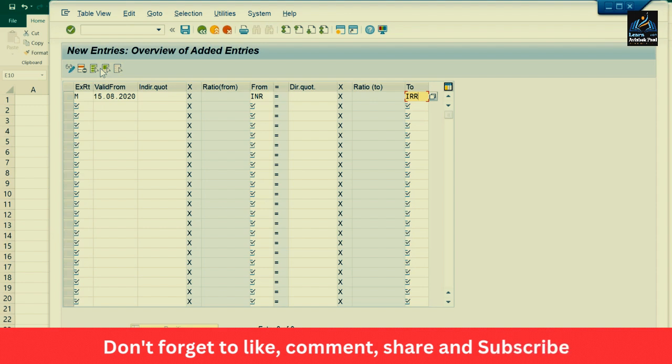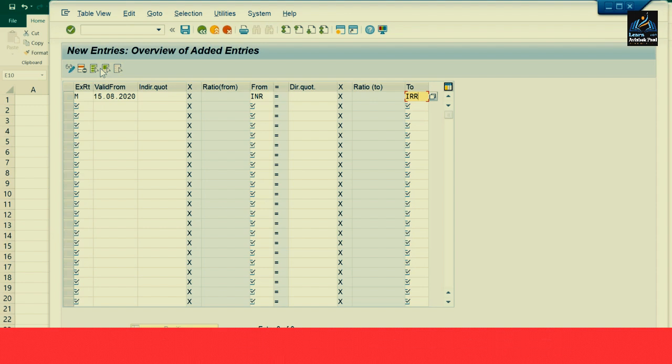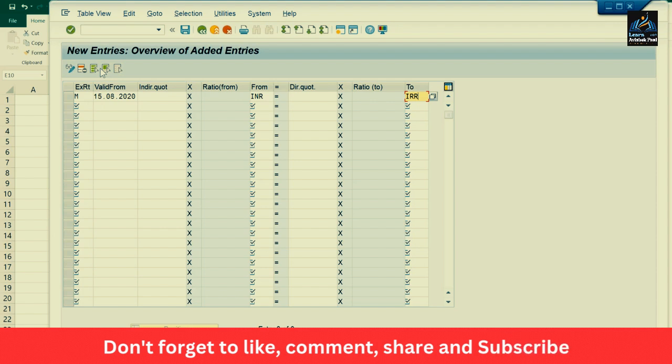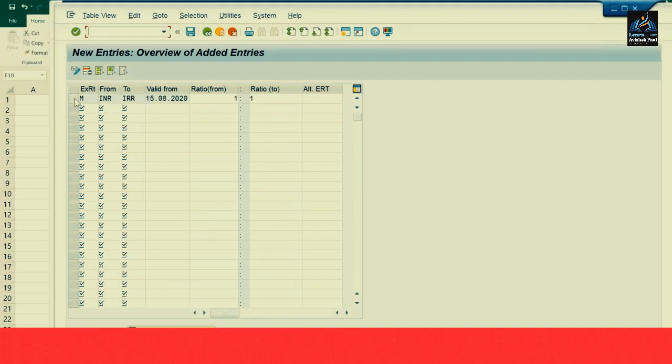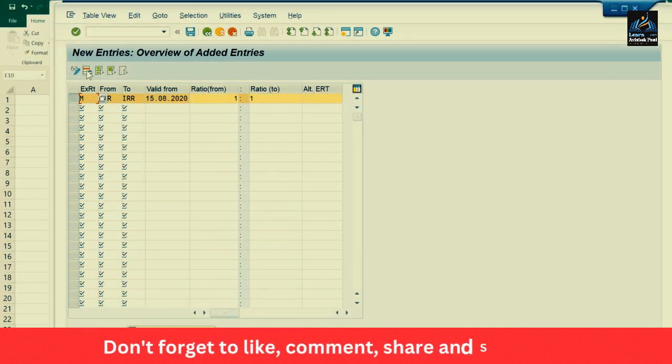This way we can specify this figure. So, not in this one here. Wait, I maintain the rate here, not like this.